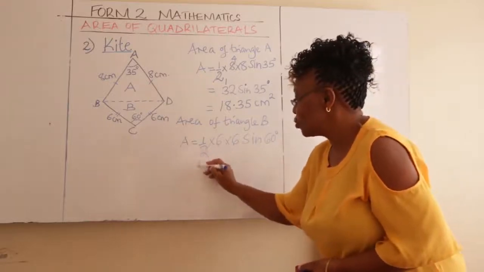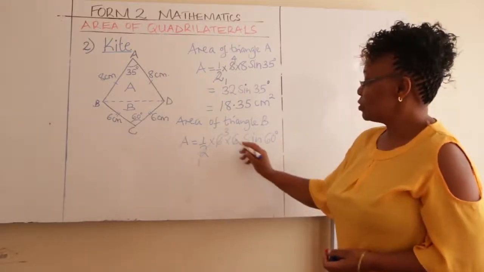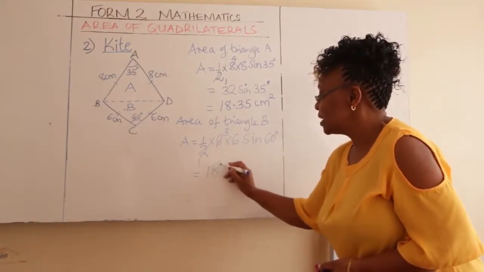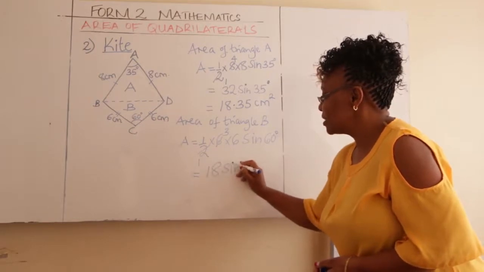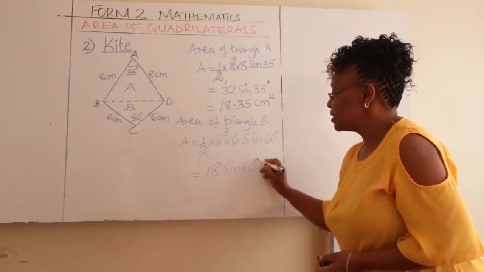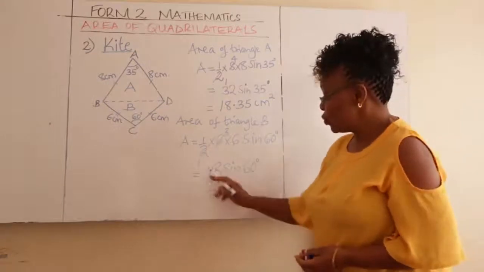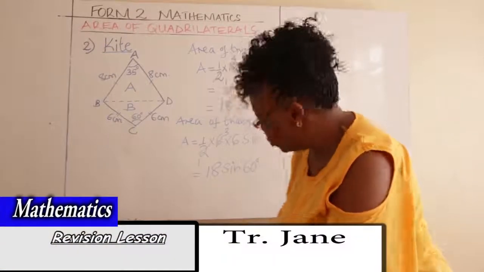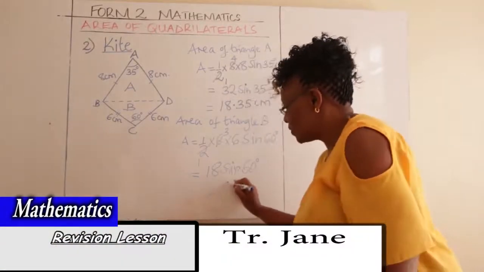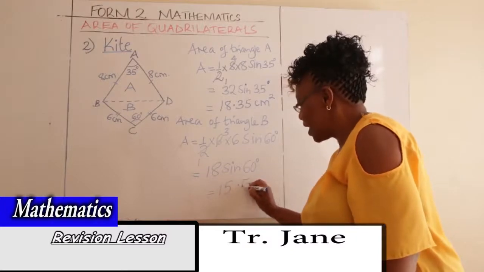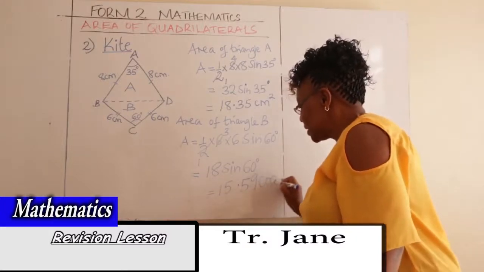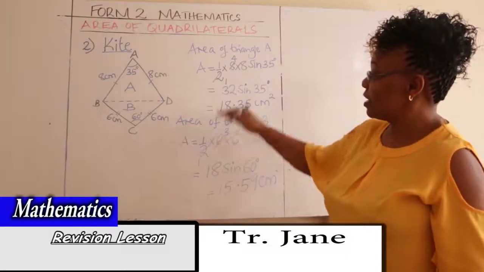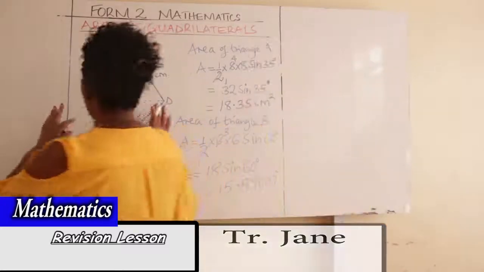You can cancel out by 2, so you'll talk of 3 times 6 is 18 sine 60 degrees. You use a calculator, you should get 15.59 centimeters square.